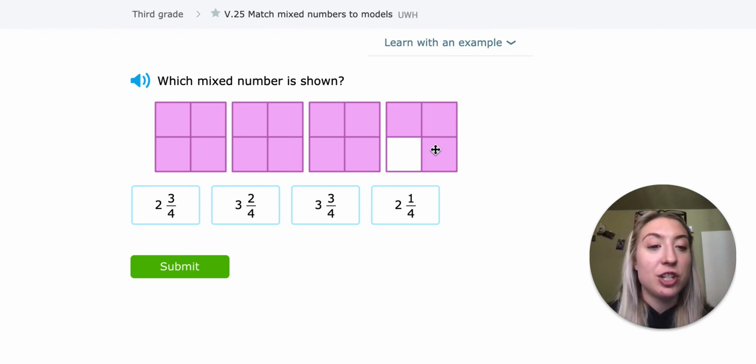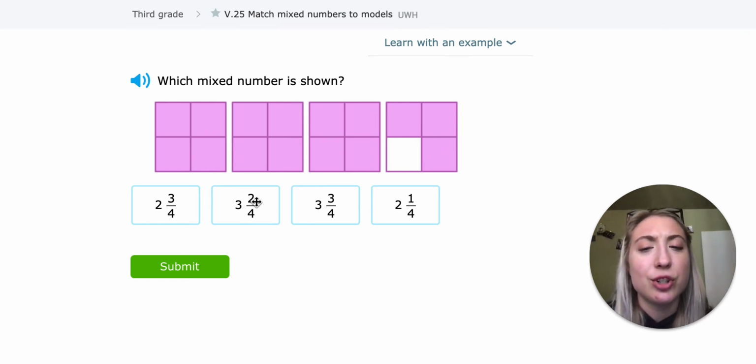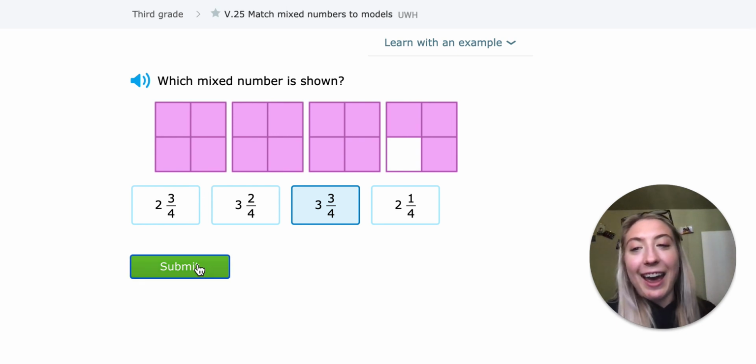So our fraction should be 3 out of 4, so 3/4. Here, this one shows 2, but there's more than 2 colored in. This one shows 3, so it's 3 wholes, 1, 2, 3, and then our fraction, 3 out of a total of 4, 3/4. And it should say correct.